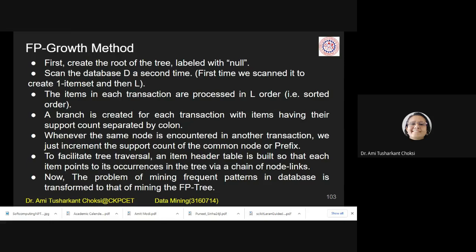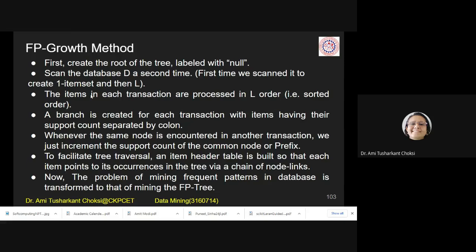Then we consider the one-item set count, that is, we find the support count of each and every single individual item. Then we check the minimum support condition and we get L1, that is, the one-item set frequent patterns, right?